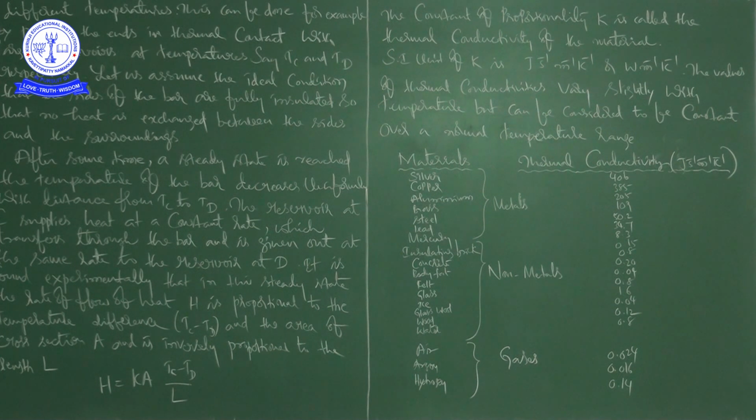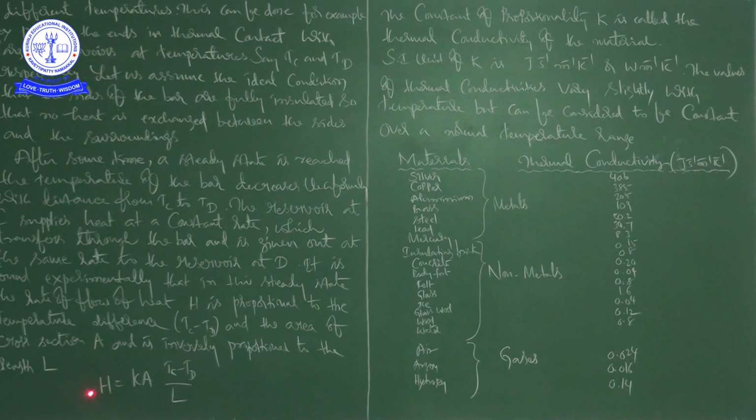Since H is equal to K into A into Tc minus Td by capital L, write K as the subject: K is equal to H into L divided by A into Tc minus Td. H is the rate of flow of heat, joule per second.